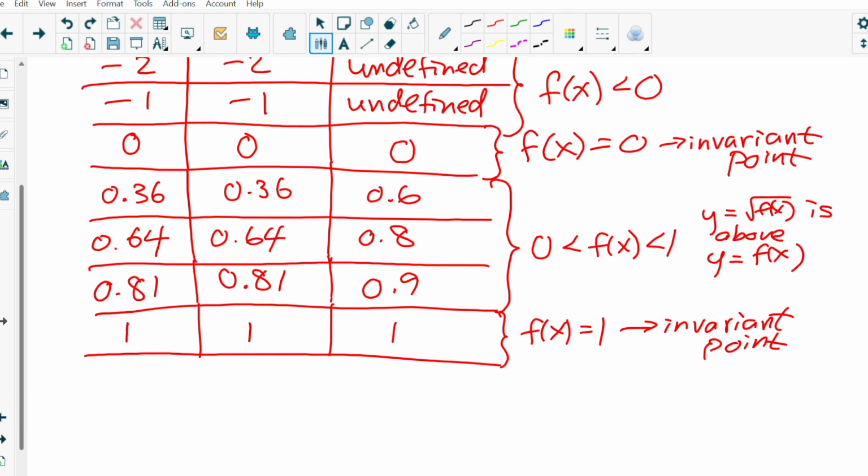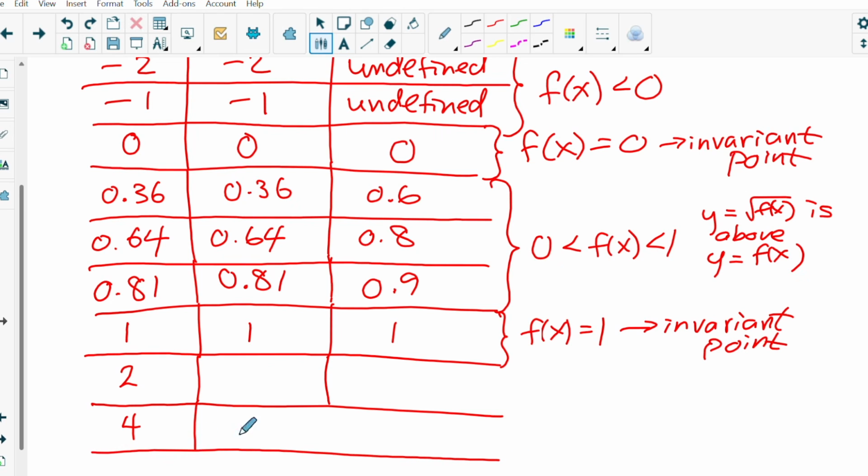And let's do our final case here. F of x is greater than 1. Let's pick a couple of perfect squares here. Let's pick 4 and 9.